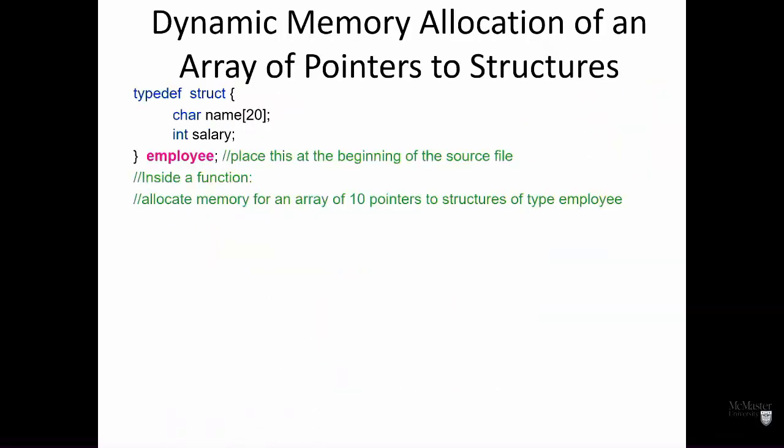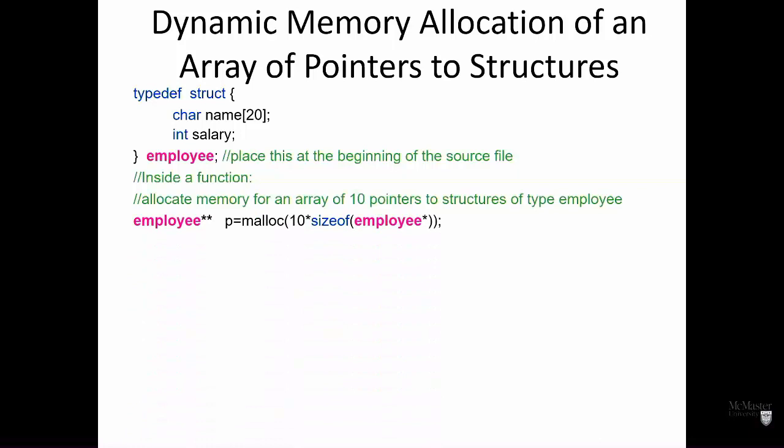So dynamic memory allocation, and we conclude by this. So to combine arrays and malloc with structures. I define my structure, and this may be a structure for an employee that has its own name, which is a string, an array of characters, and a salary, which is like an integer variable. And then I call this employee.